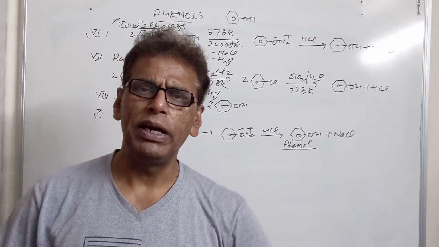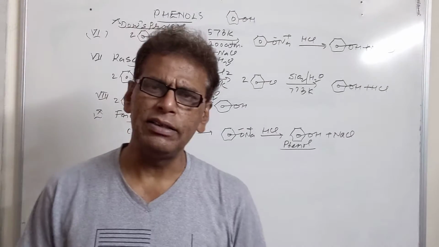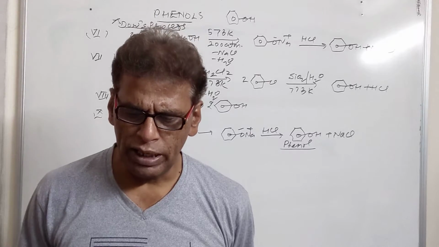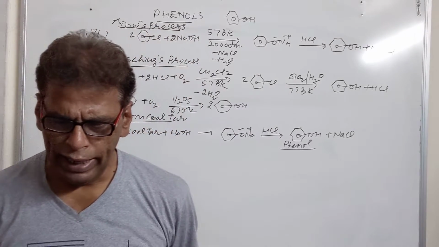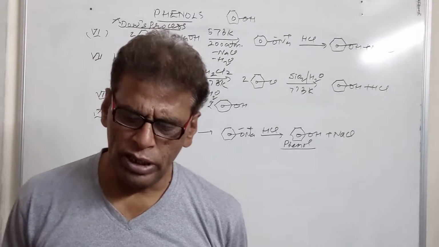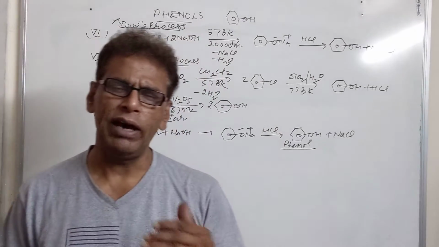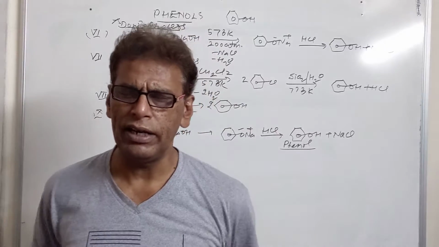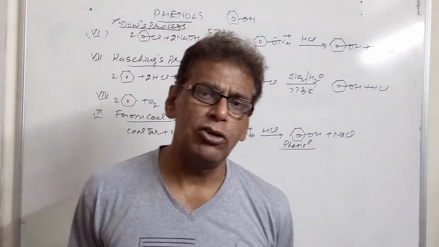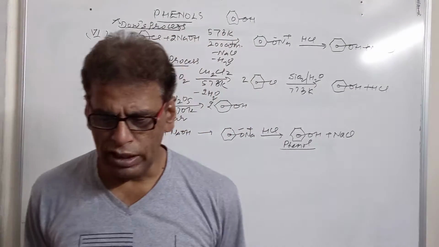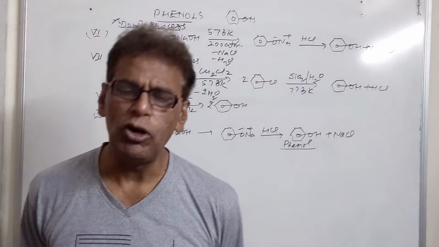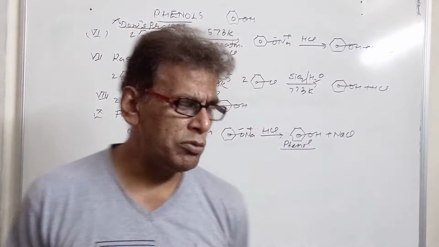They are sparingly soluble in water, not easily soluble in water. Due to hydrogen bonding with water molecules, it has been observed that dihydric phenols, having 2 OH groups, or trihydric phenols, are easily soluble in water because they are capable of forming more hydrogen bonds with the water molecules.